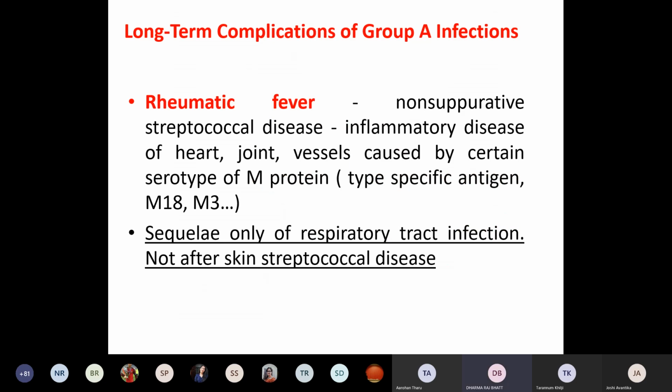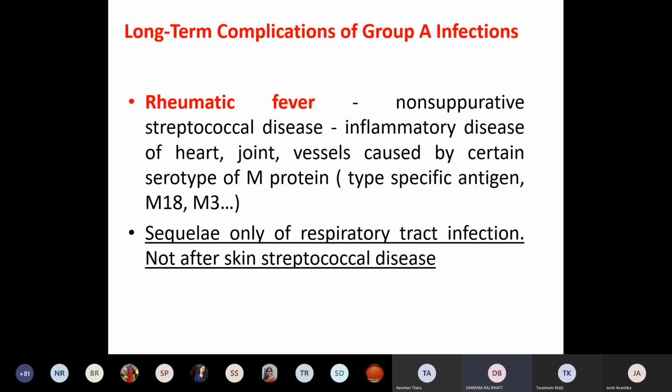There are two important long-term complications of group A streptococcal infections. One is rheumatic fever, as mentioned earlier by one of you, and the second one is post-streptococcal glomerulonephritis. Rheumatic fever will be discussed separately during your cardiovascular system module, but since it is related to group A streptococci, I have included some part of it.